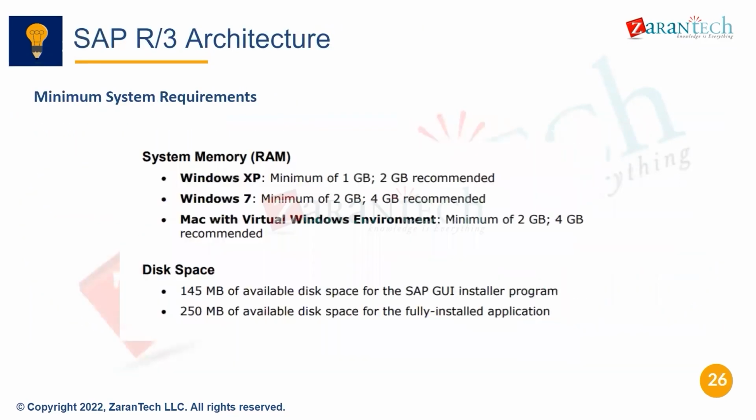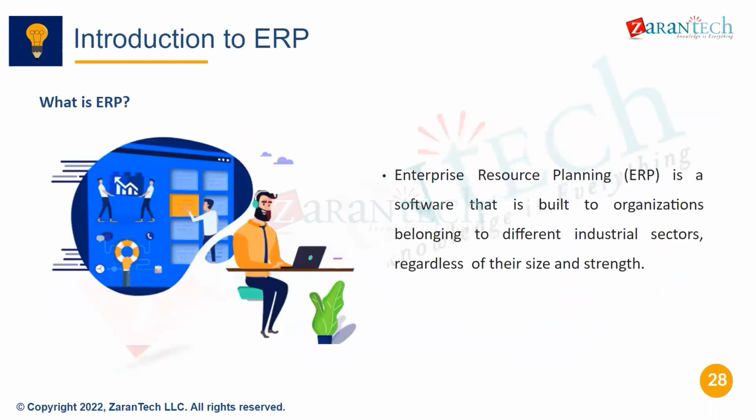So we have a few slides on ERP. ERP stands for Enterprise Resource Planning, and it is software built for organizations to manage their businesses. So companies will have several departments like finance, sales, marketing, materials management, HR, production, warehouse management.